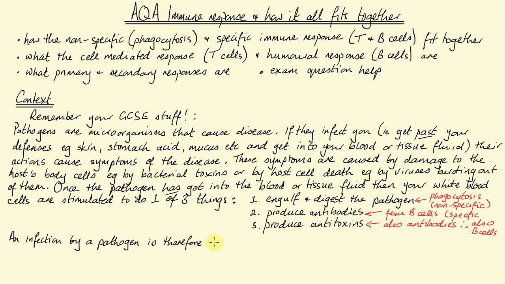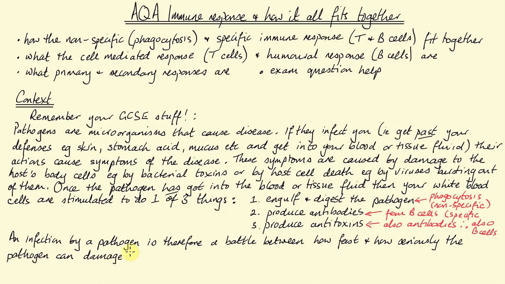An infection by a pathogen is therefore literally a battle between how fast and how seriously the pathogen can damage or kill host body cells, and how fast the white blood cells can destroy that pathogen or neutralize its toxins.